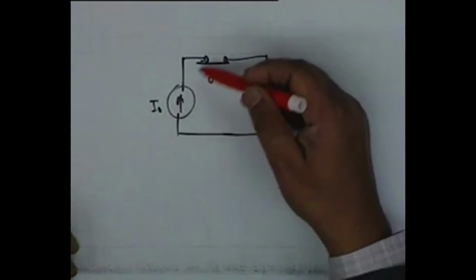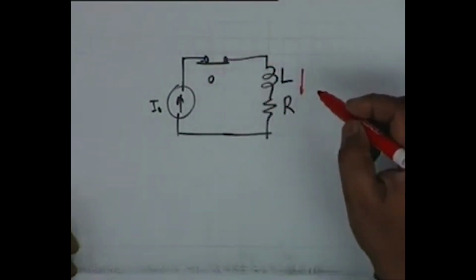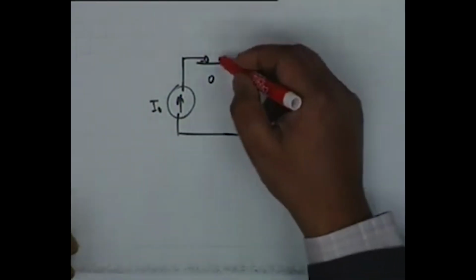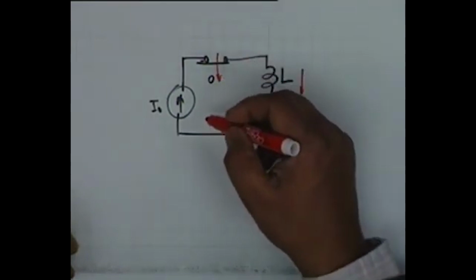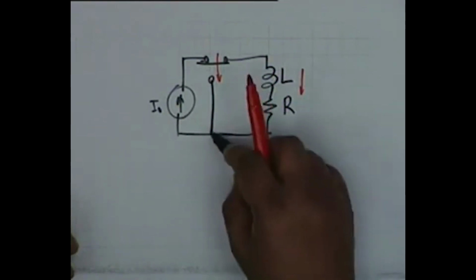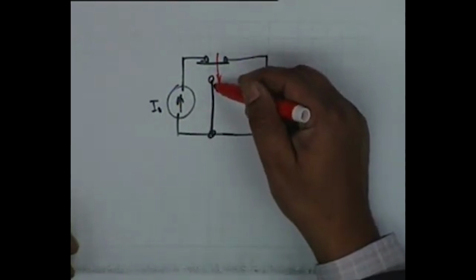Then if sufficient time has passed, the inductor current shall be equal to I0. Then at t equal to 0, the switch is thrown to the other contact, which is connected to ground.